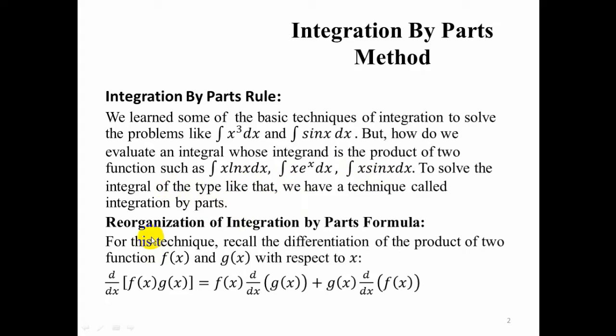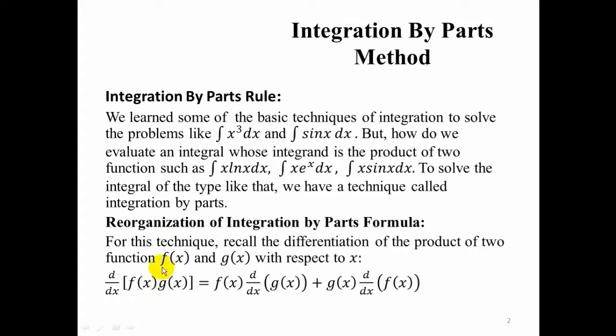Now, recognition of the integration by parts formula. For this technique, recall the differentiation of the product of two functions, which I have already told you in the technique of differentiation.